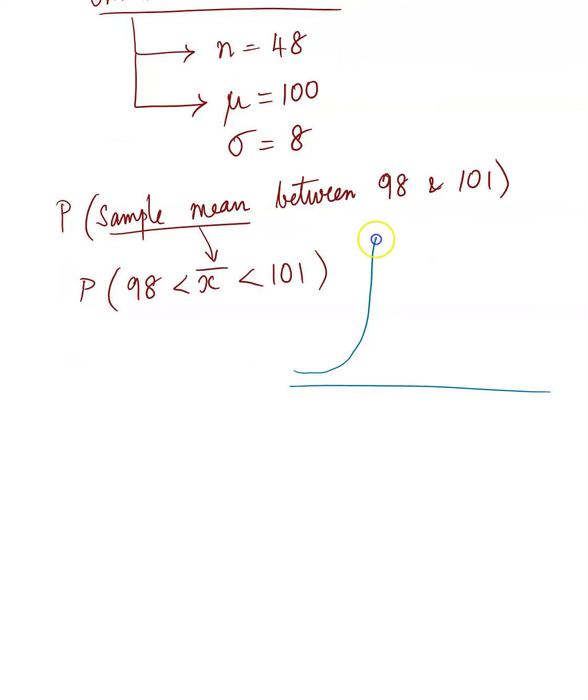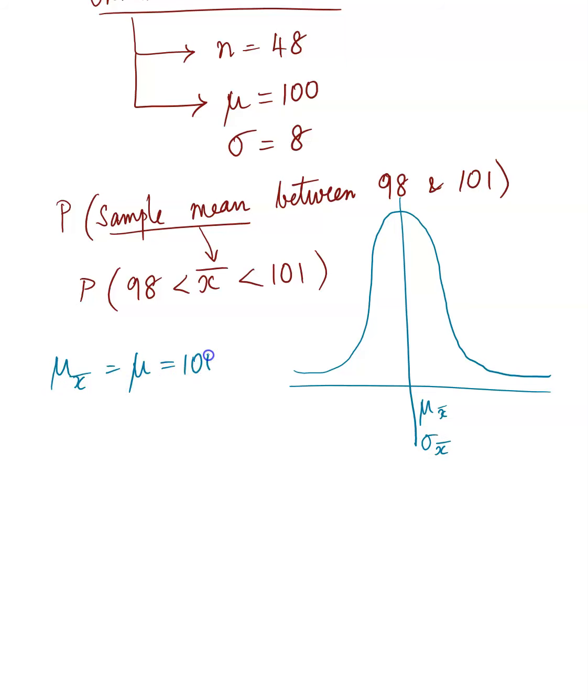This is x bar, so I'm expecting a pointier peak than the sigma, right? The sigma is 8, so the original distribution would be more spread out, but this one's going to be narrower. So mu x bar and sigma x bar would be in this distribution. Let's find out what mu x bar is. Mu x bar is the same as mu, which is 100.